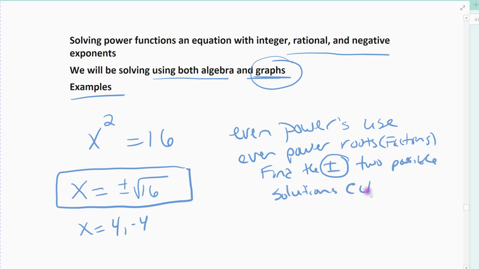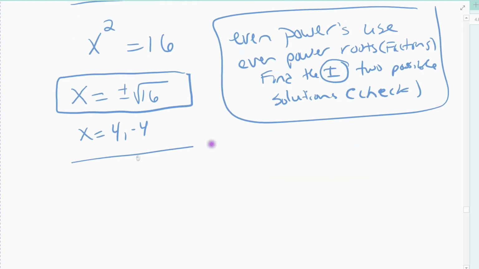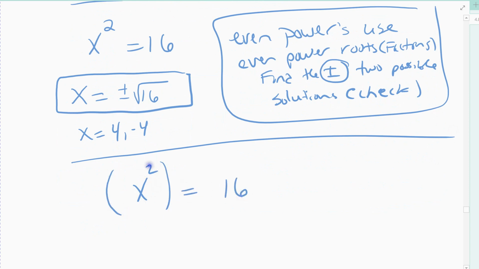Alright, then you should always check, because sometimes, remember I told you whenever we're dealing with roots, you should always check, and sometimes we have to throw stuff out because it doesn't check. And so kind of using this idea with our roots, I'm going to solve the same thing using the root method. So x squared is 16, and I want to get rid of the square. Well, I'm going to raise it to the 1/2 power. Whatever I do to one side of my equation, I have to do the other.